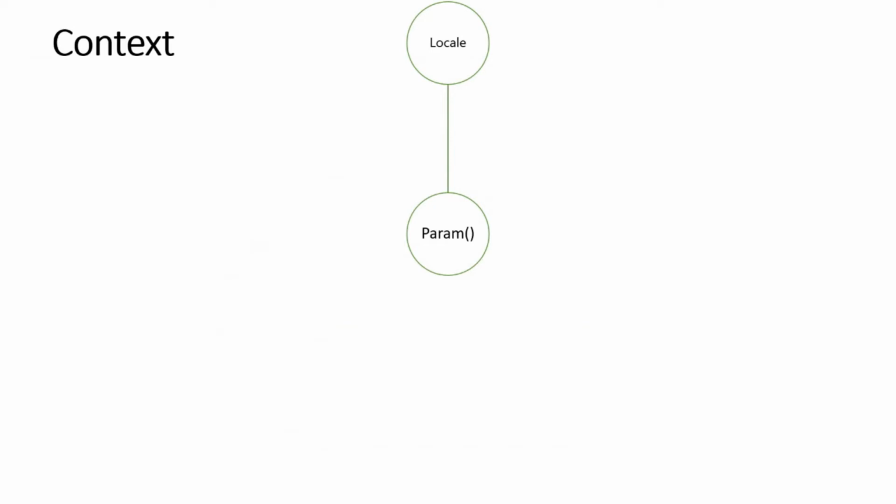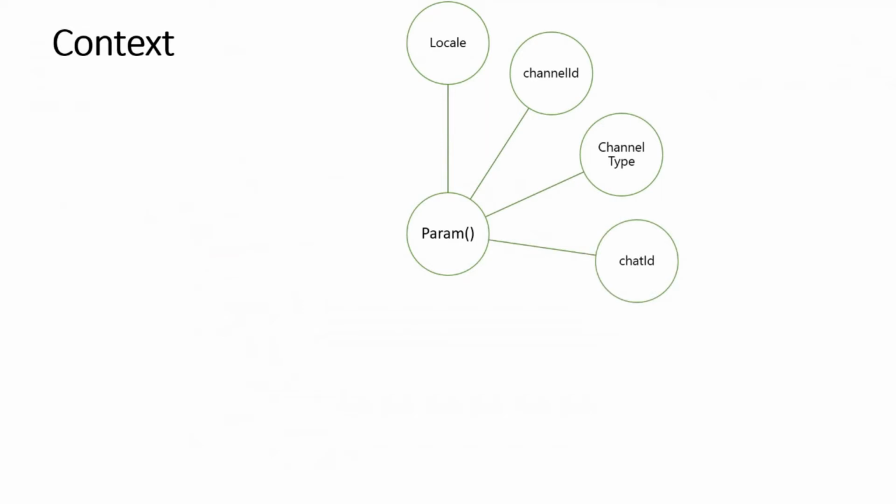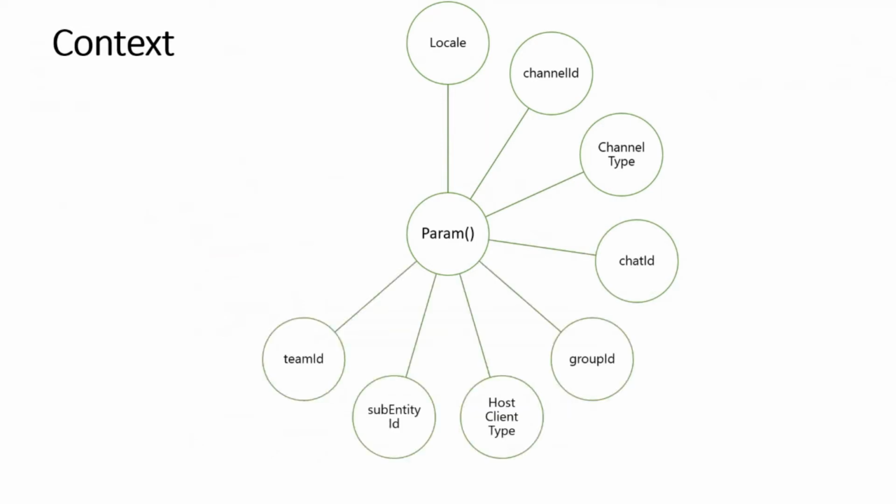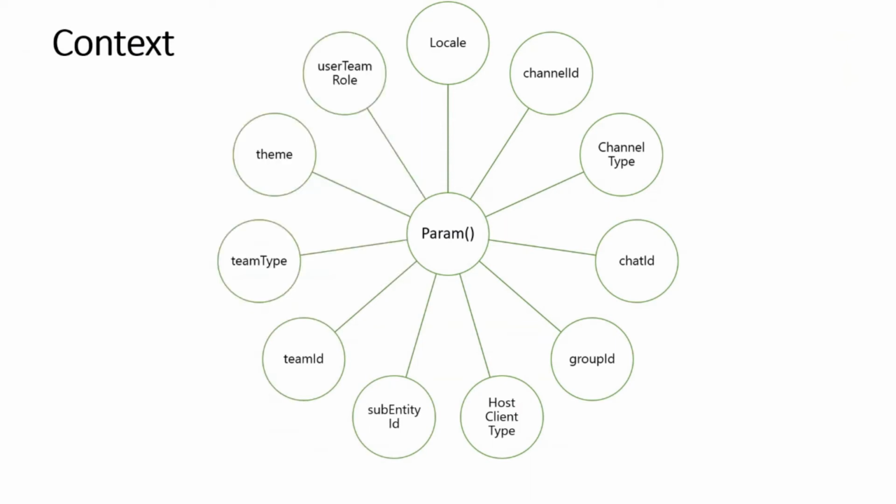So we have locale, channel ID, channel type, chat ID, group ID, host client type, sub-entity, team ID, team type, and user team role. So there are 11 parameters for Param. And I think the most important is group ID. I will show you later why, but it's very important and very helpful.